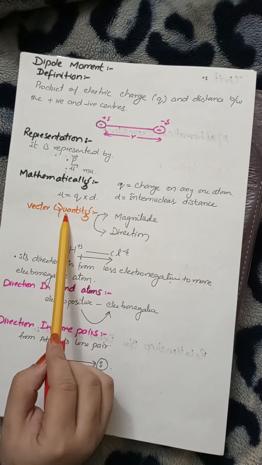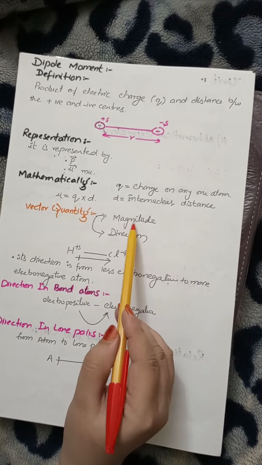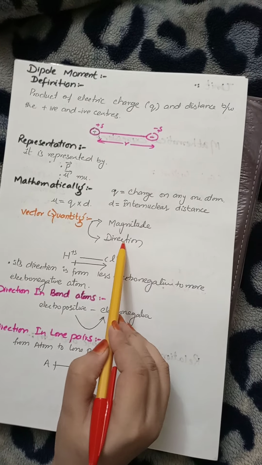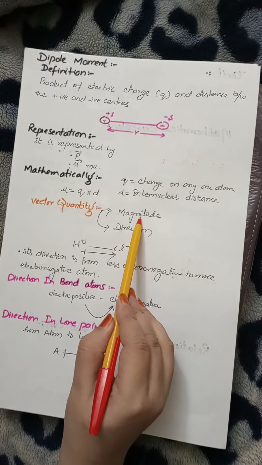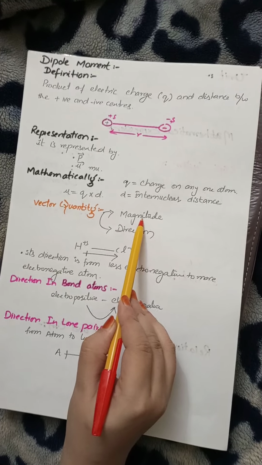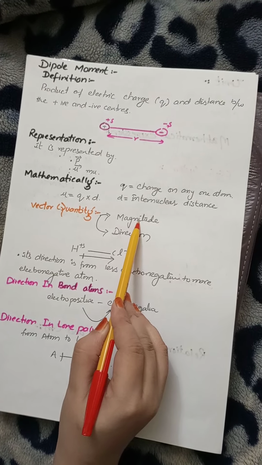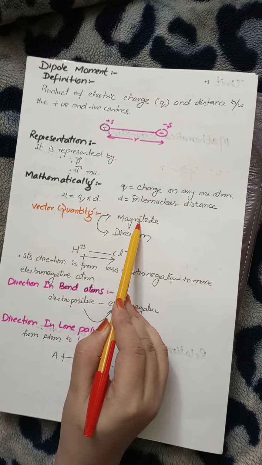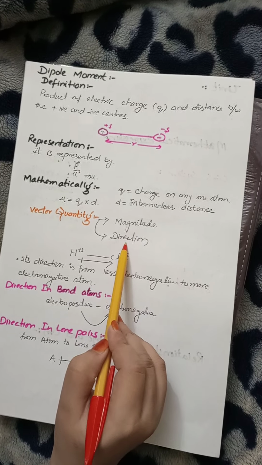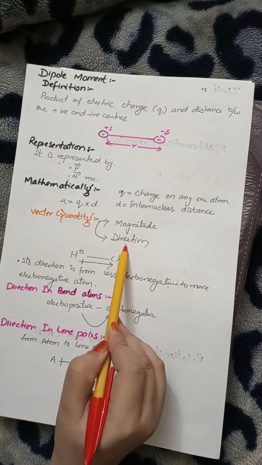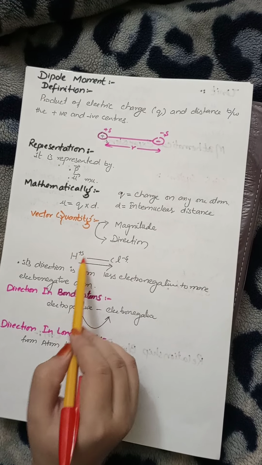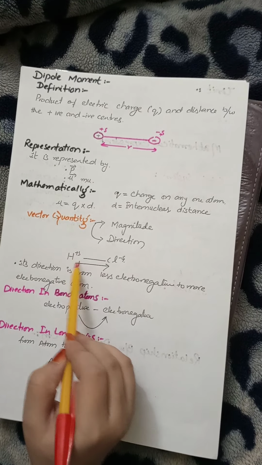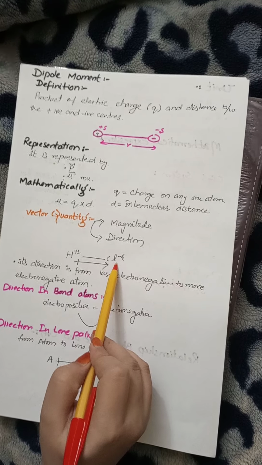And what is a vector quantity? It is basically telling you about the magnitude as well as the direction. The magnitude is determined from the charges, how many positive and negative charges we have on the bonded atoms, and the direction is from the electropositive atom to the electronegative species.